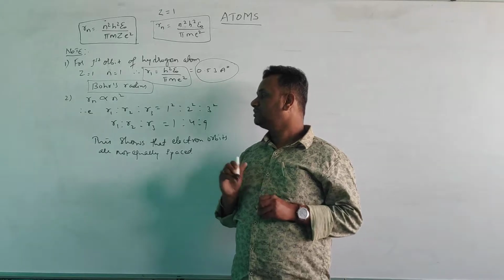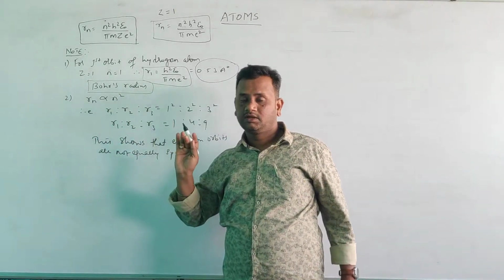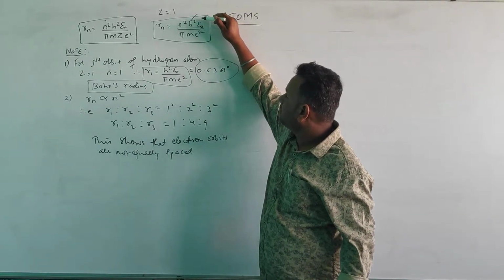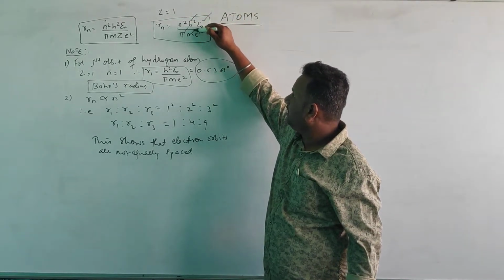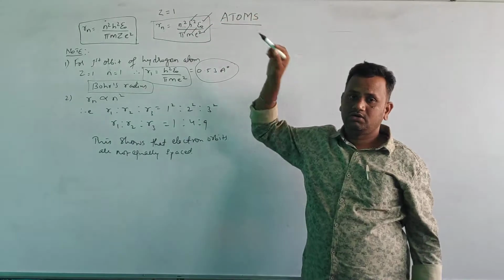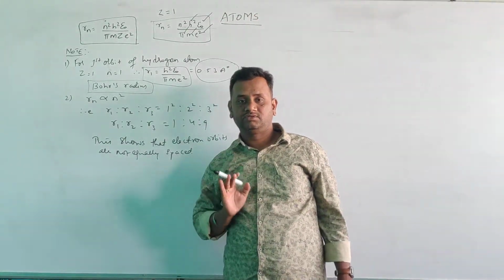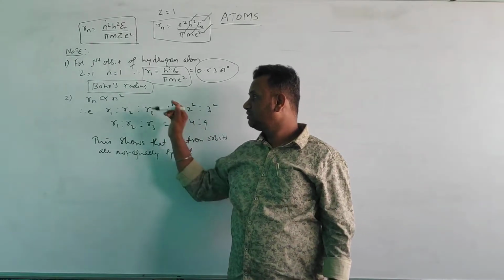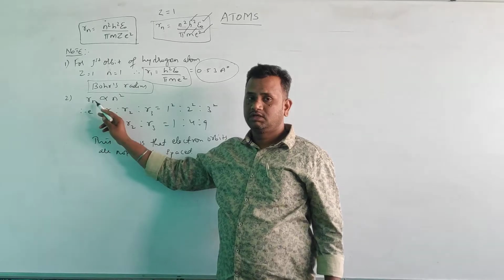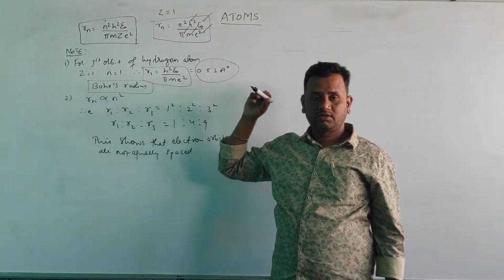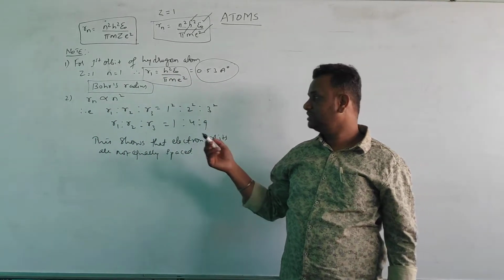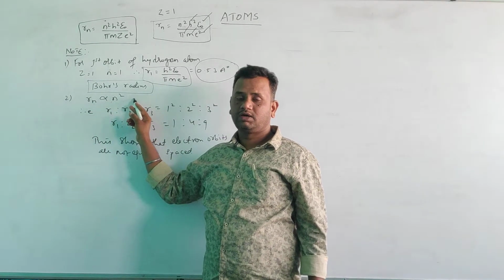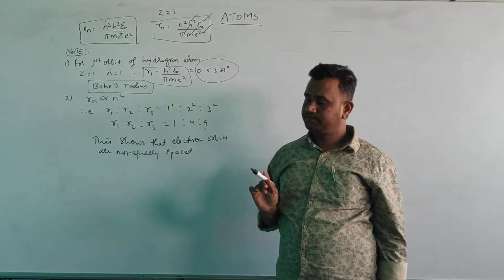Now the second point is that in this expression, h square, epsilon naught, pi, m, e square are all constant values. Hence, the radius of the nth orbit of the electron is always directly proportional to the square of the orbit number.